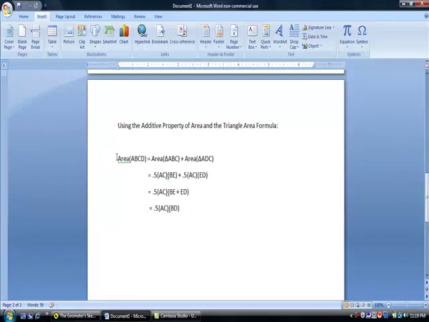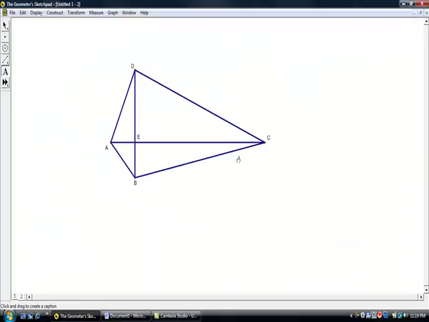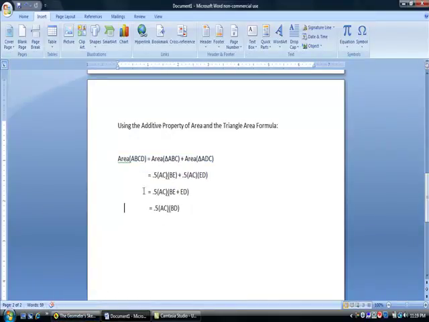So again, like I said before, the area of ABCD equals the area of triangle ABC plus the area of triangle ADC. Going back here again, here's ABC on the bottom, ADC on the top. Okay, substituting some stuff in here. The area of ABC is 0.5 or 1/2 times AC times BE.